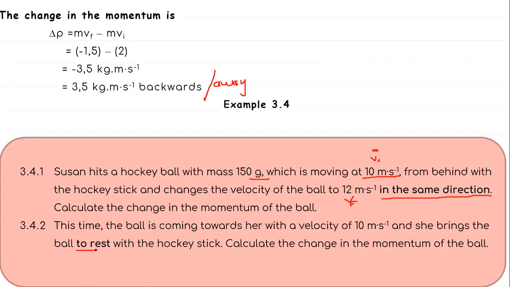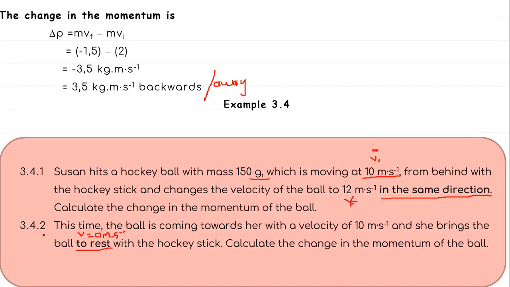Now there they tell us that it is brought to rest. In other words, the velocity there is 0 meters per second. Right. So this is a totally different scenario altogether.